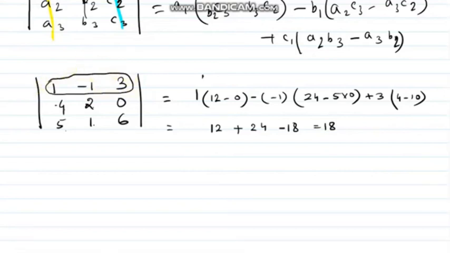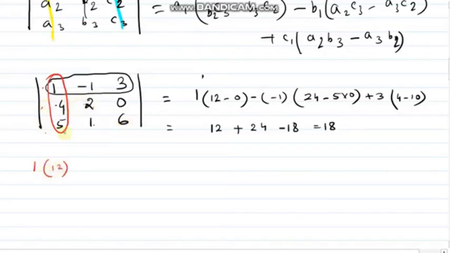Now I have used only the first row. If someone wishes, that person can use the first column also. What is going to happen? Just check. First check the sign. The sign will be plus minus plus, same. So it will be 1 into 12 minus 0, same thing will remain. For 4 it will be minus 6 minus 3. And for plus 5, I'm going to omit this row and column, so 0 minus 6.